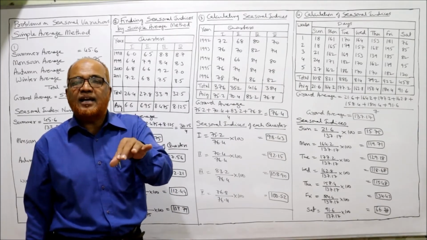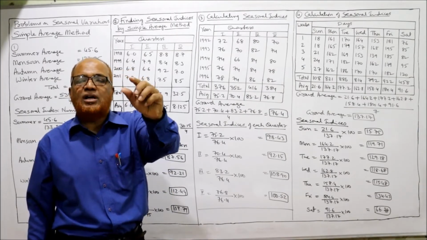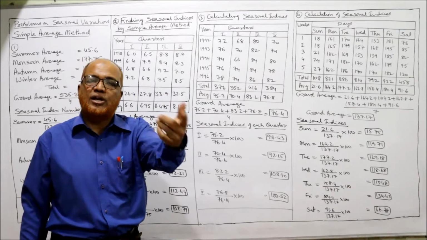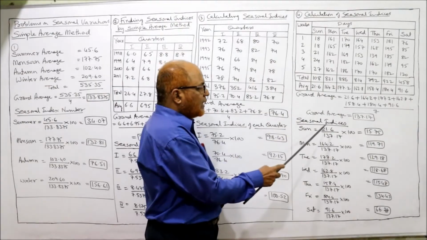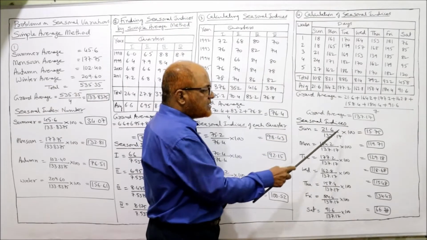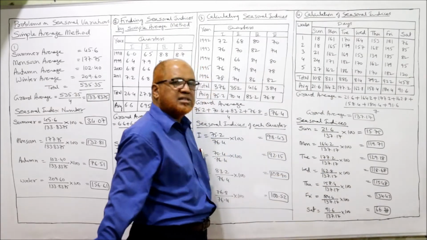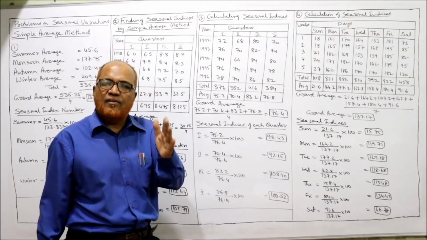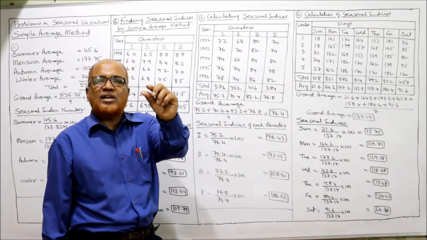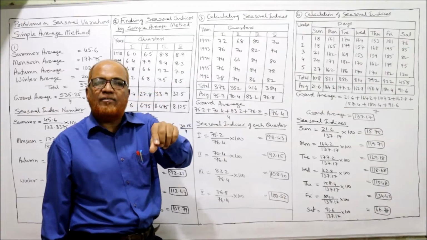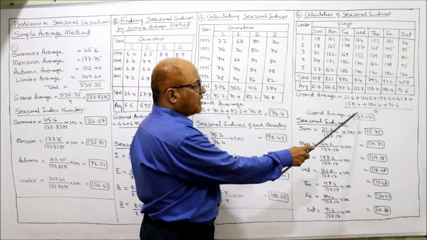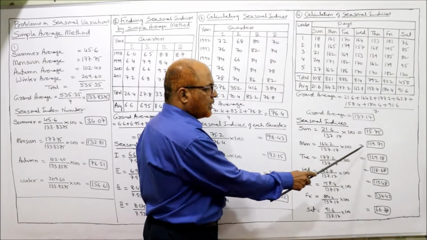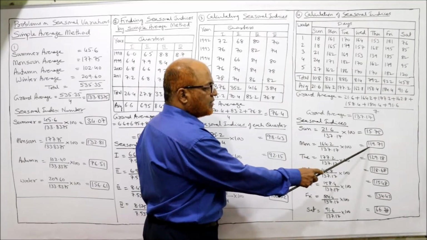Now seasonal index is equal to average divided by grand average into 100. So average is 21.6. So 21.6 divided by 137.17 into 100, 15.75. Similarly, for every day, take the average in numerator, grand average in the denominator into 100. 164.2 divided by 137.17 into 100, 119.71.